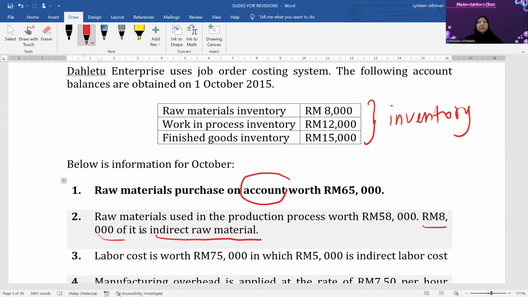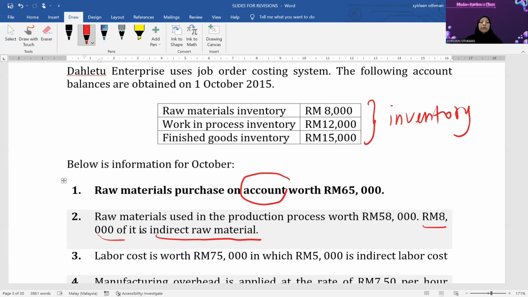Only the 8,000 was added later, so when it is added later in production, automatically that is your indirect raw material. So 50,000 we will put in at the start of the process, that will be debited into your work in process, and the balance of 8,000 is in your actual manufacturing overhead calculations.